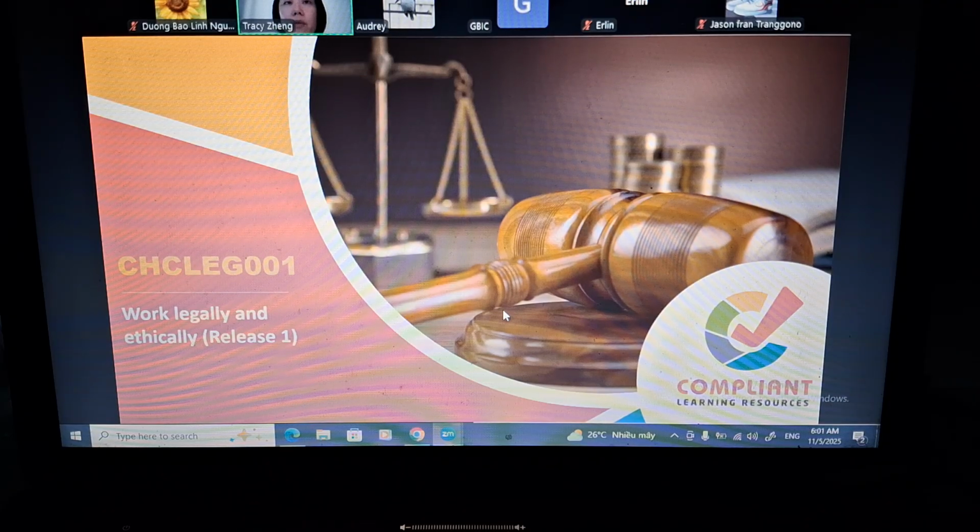In previous units, we have briefly explained each of the legal and ethical considerations, but this unit we're going to spend more time to discuss them one by one, and make sure you understand all of those requirements for working in aged care and also for disability services, and make sure we follow all of them when we start working in the aged care industry.